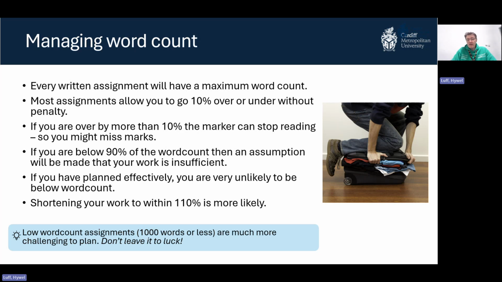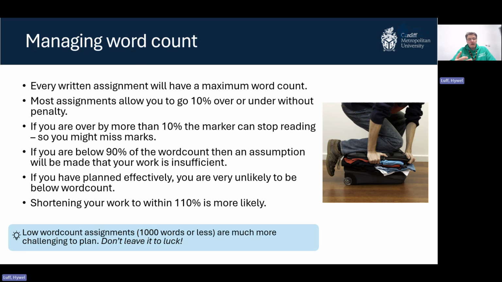If you're under, the marker has to assume that you have missed things out, so they will discount your mark against that. If you're over by more than 10%, then they can just stop reading. So it's important that we're managing our work in light of that word count.